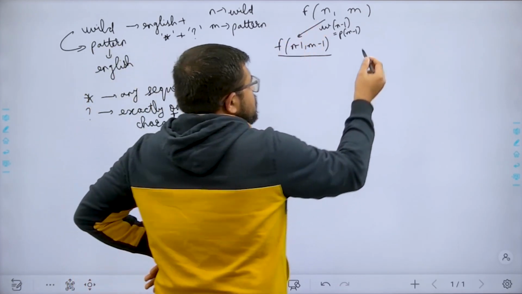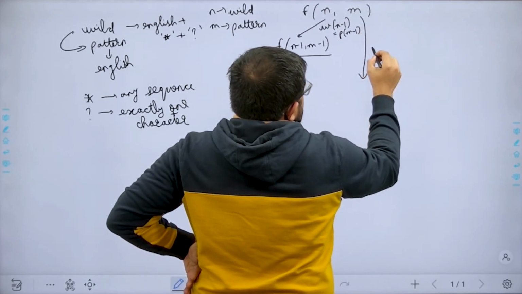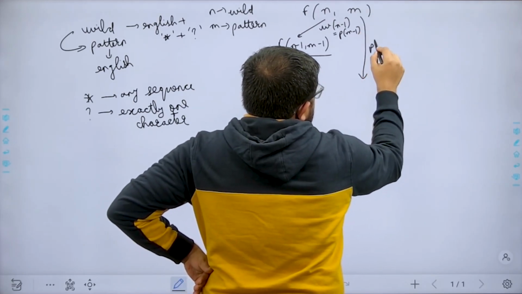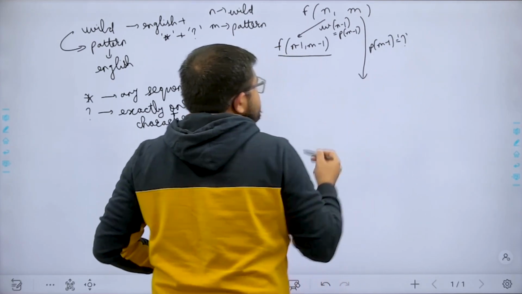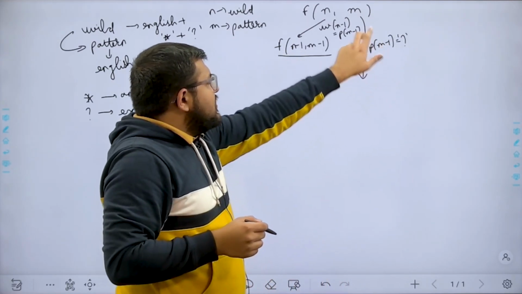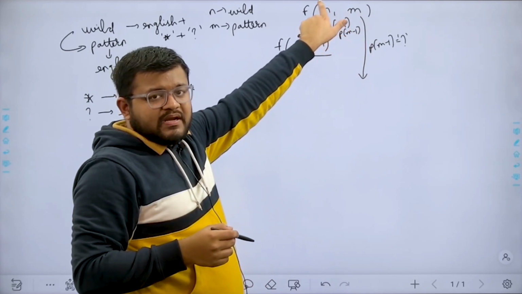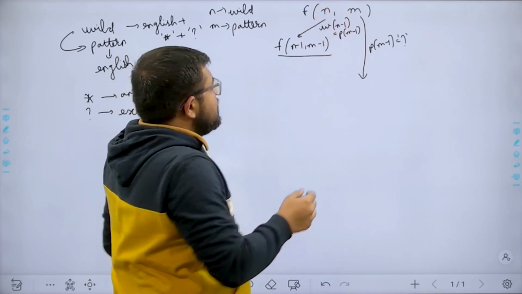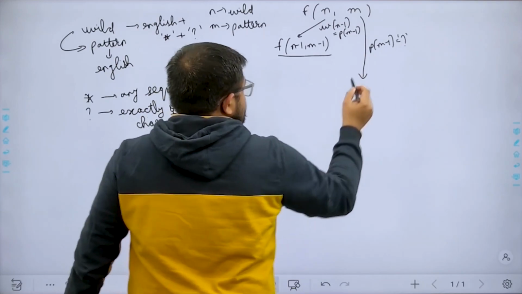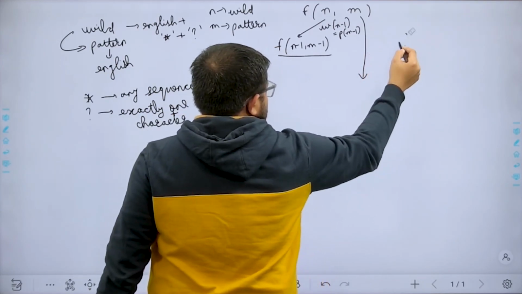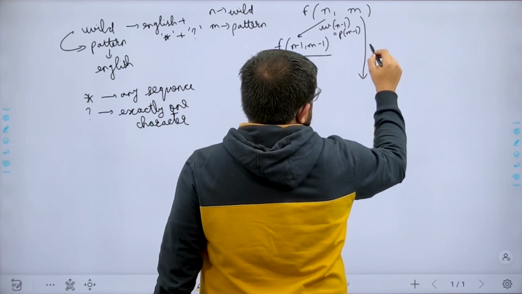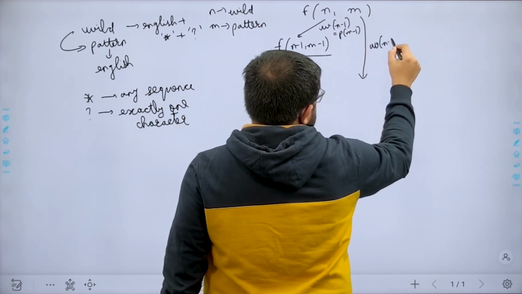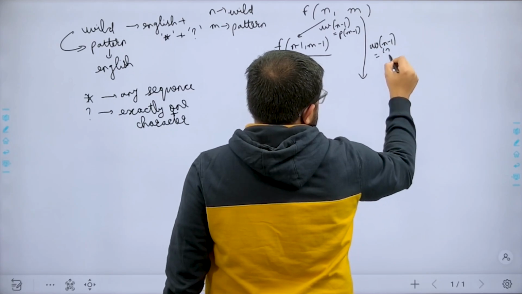The other case would be when the wild of n-1 is a question mark.